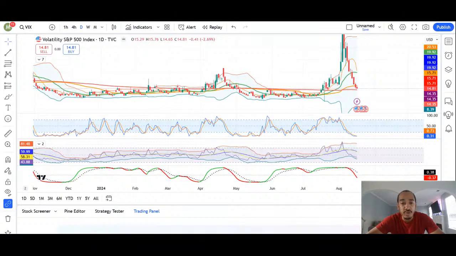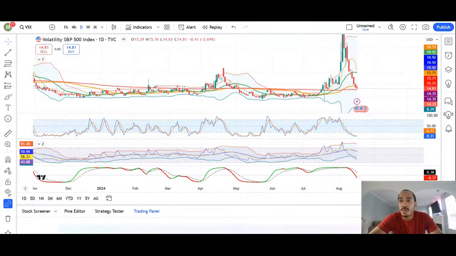But when this blue line crosses above this orange line, and it looks like it's about too soon, then it's signaling a change in direction. So the stock market has been going up based on the VIX, based on the fear and greed index. It looked like the stock market might be going down.